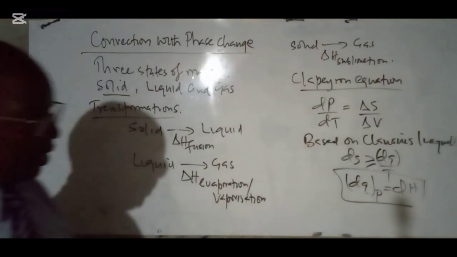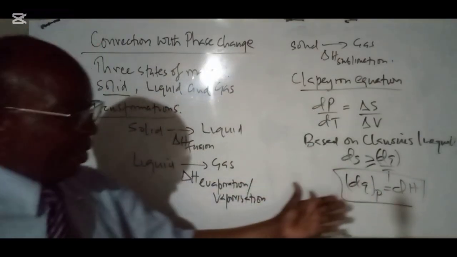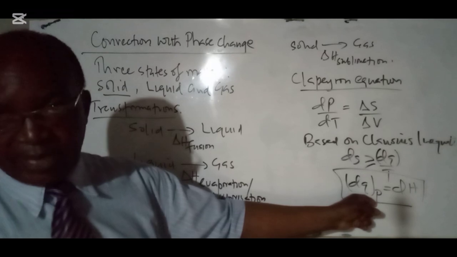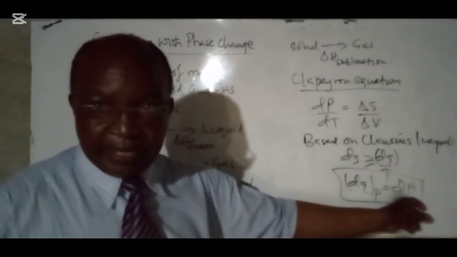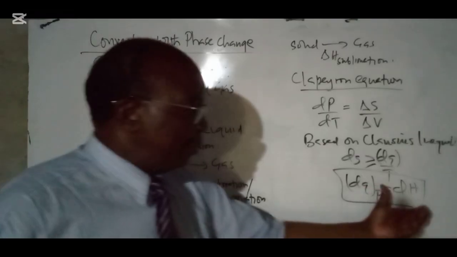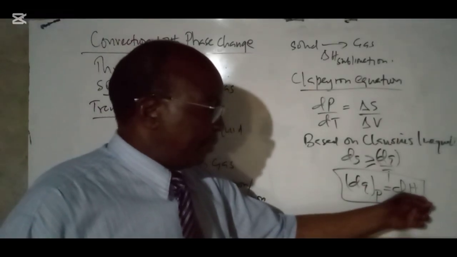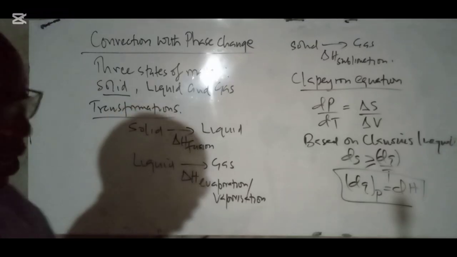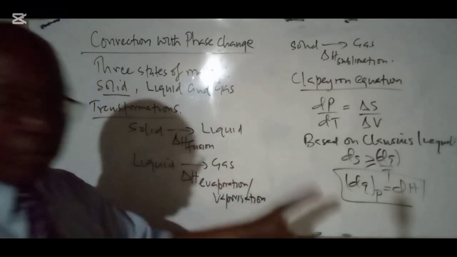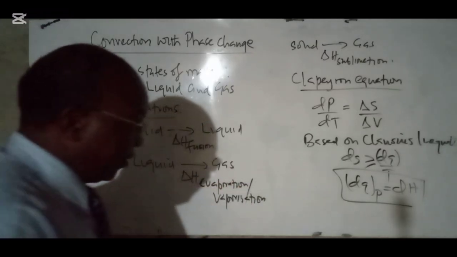Again, this is a very important quantity which you need to remember. This is a thermochemical observable because heat is a path function, and H is a thermodynamic state function. So this is a link between a thermochemical observable and a thermodynamic state function, which is very critical in thermochemistry, a very important concept in the determination of some of these energies.